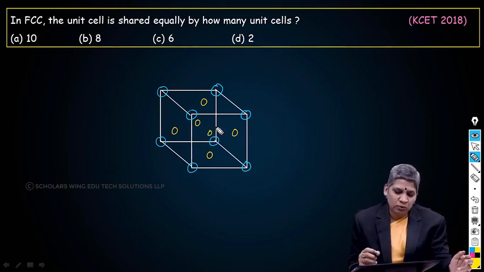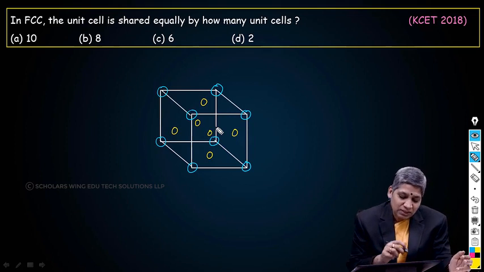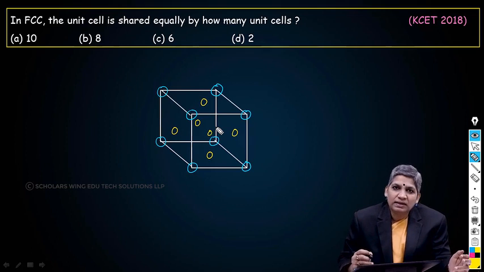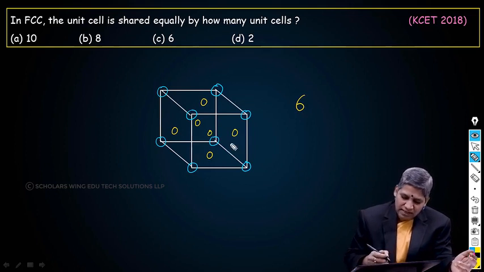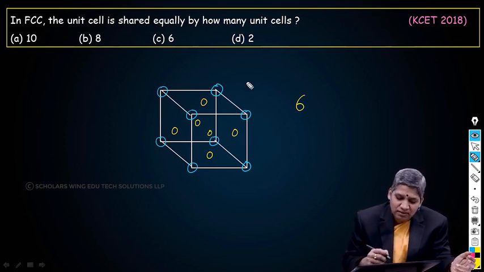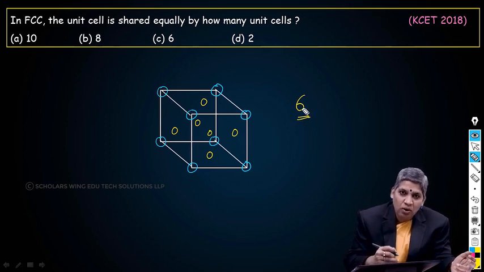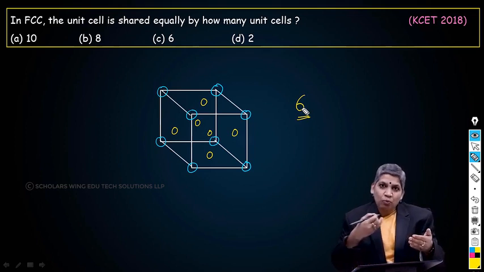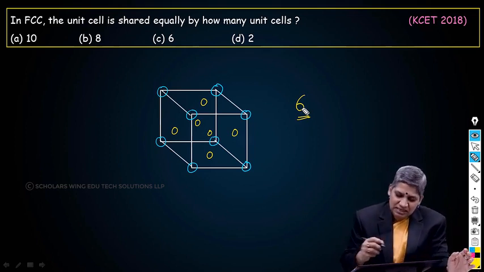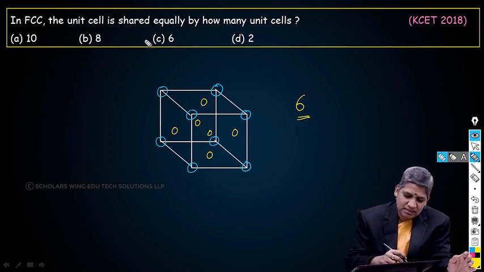This is one FCC unit cell, but the question is, this unit cell is shared equally by how many unit cells? How many faces are there? In any cube for that matter, there are 6 faces. What are they? Top face, bottom, these two side faces, front and back. That means there should be how many unit cells touching this around it? There should be obviously 6. 1 on top, 1 below, 2 at the sides, 1 behind and 1 at the front. Therefore, the right answer is 6.